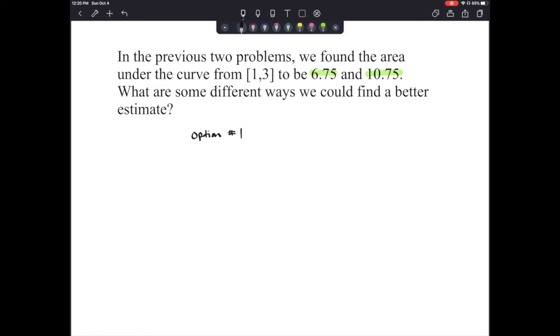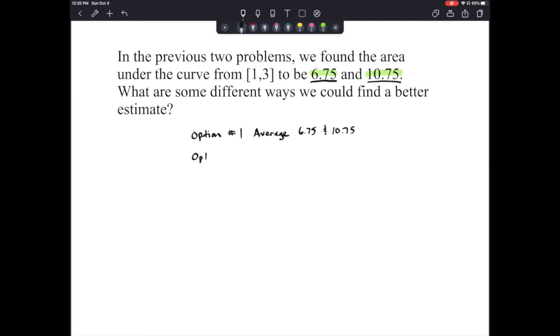We know that the 6.75 is a little less than our area. We know 10.75 is a little bit more, so our area has to be between those. So one thing we could do is average our 6.75 and our 10.75. That should give us something that's in between, which we know our area is in between.